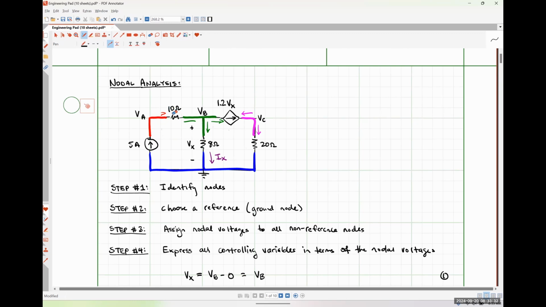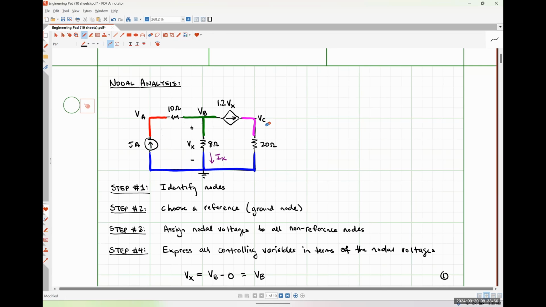I'm just erasing some of this extraneous stuff that we no longer need since we've solved our system. So I can use those results to determine any voltage, current, or power in this system that I could possibly be interested in.